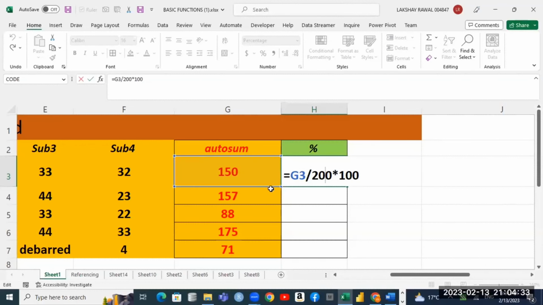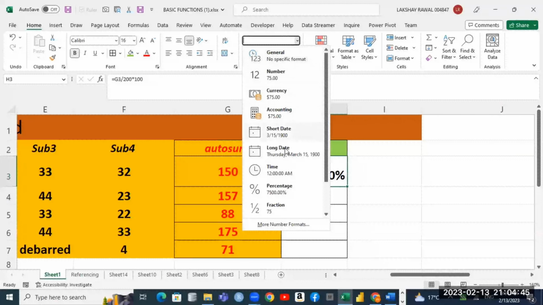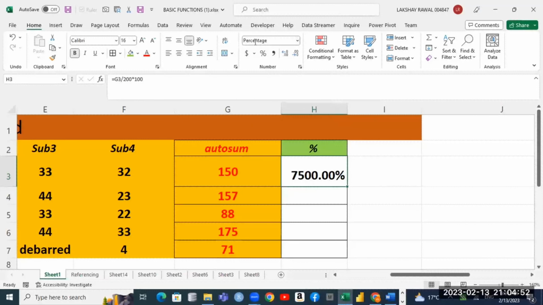I did the right formula, that I have scored 150 marks divided by 200 into 100, but I am getting this because I have used percentage as a formatting. This option is called number formatting.